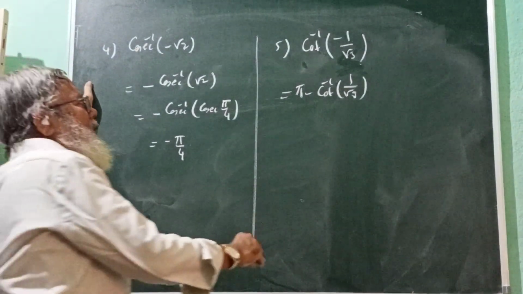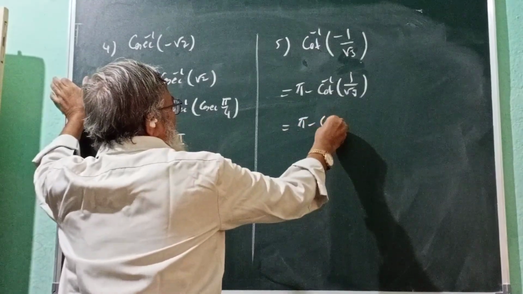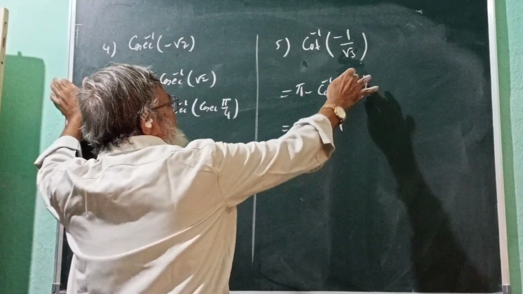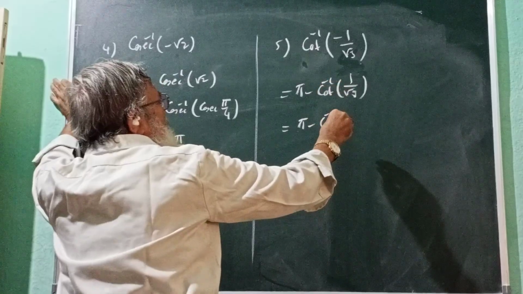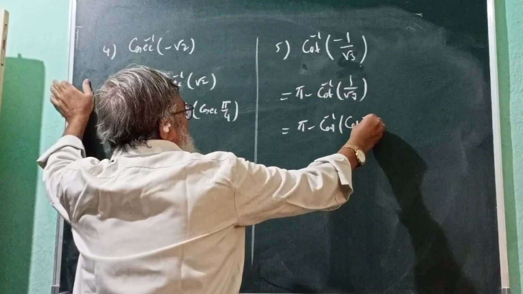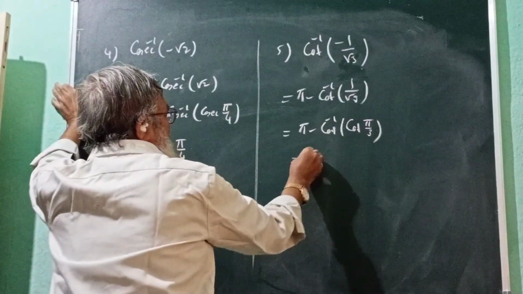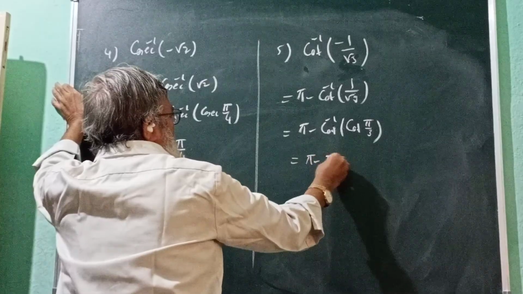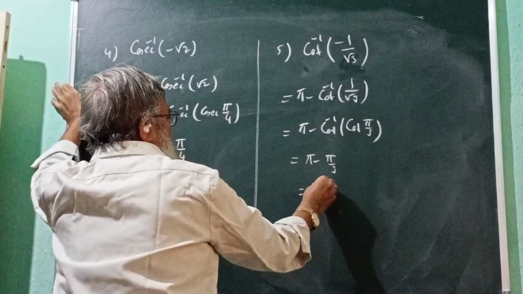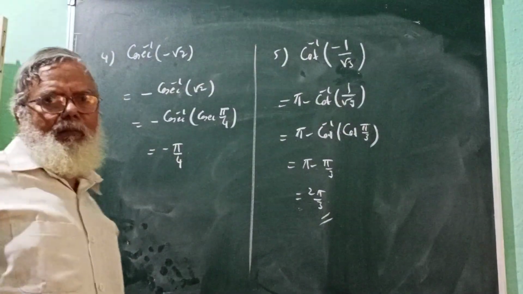So here it is now pi minus cot inverse. To remove this cot inverse, write down the value of 1 by root 3 in terms of cot, that is cot of pi by 3. Now cot and cot inverse cancel each other. Pi minus pi by 3, take LCM, that is 2 pi by 3. Answer for that. Pause.